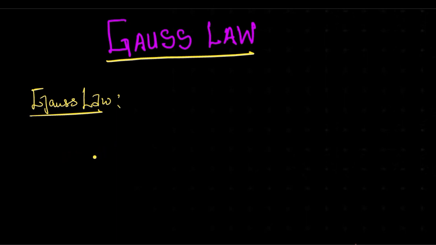That is, the total electric flux through a surface is equal to the net charge, that is the charge enclosed by the surface, divided by the permittivity. If you can know this, then you have known Gauss law. Are you getting it now?